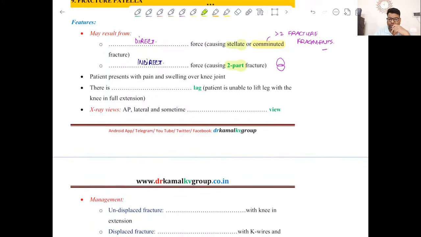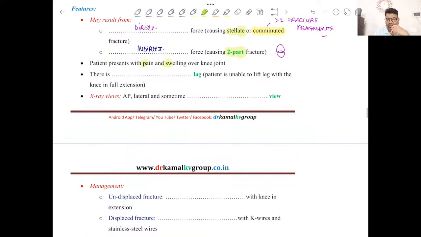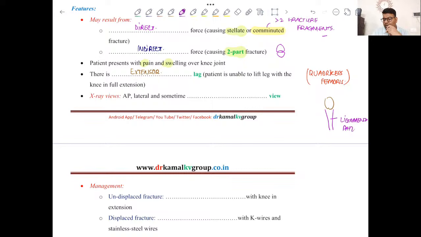Anyway, the patient will have pain and swelling over the knee joint, and there is extensor lag, because we know that the quadriceps femoris has four components. Then there is the patella, and below this there is the ligamentum patellae, which inserts onto the tibial tuberosity.